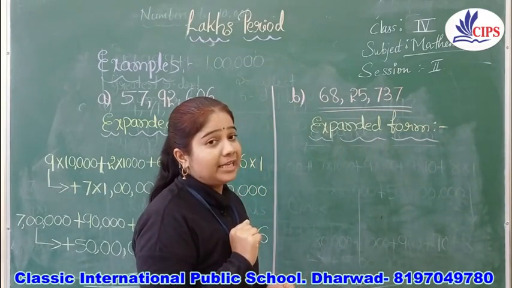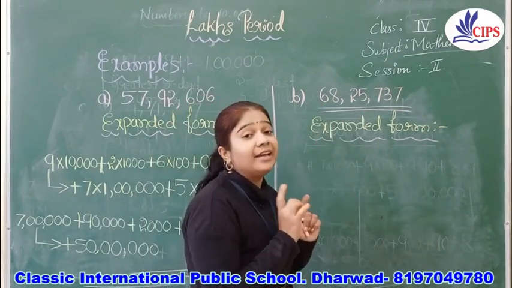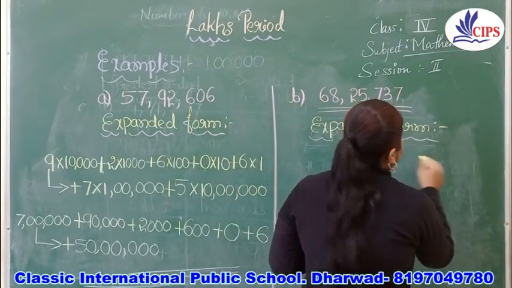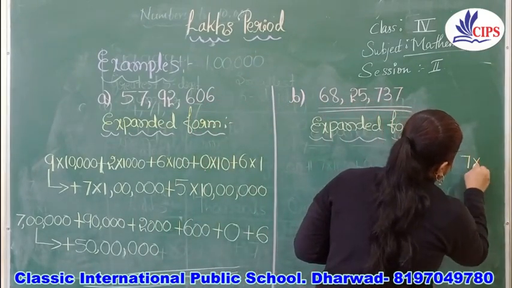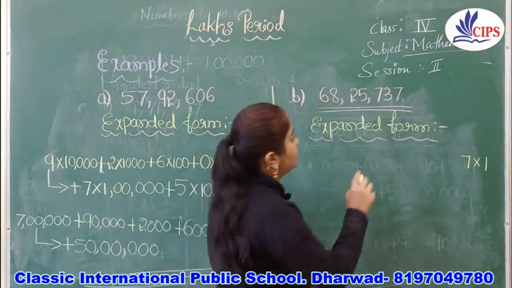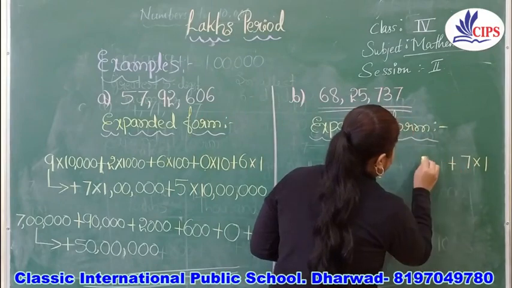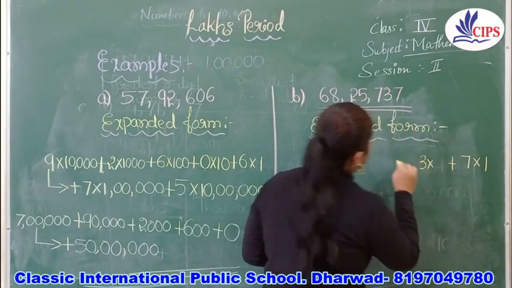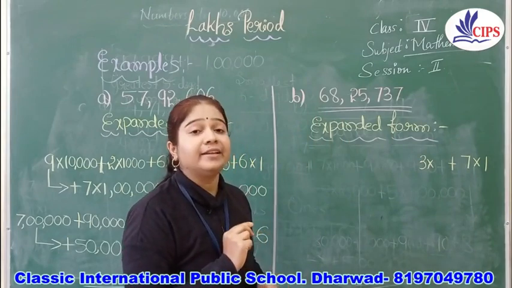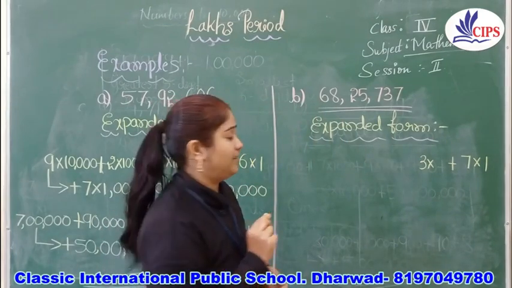Okay. First thing is we should look at the extreme right side. Yes, correct. So what's there? 7 into 1. It's in the ones place. So 7 into 1. Next, plus 3 into, what do I have to write? Is it 100 or 10? 10. Correct.